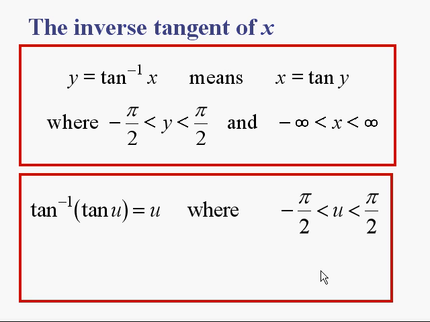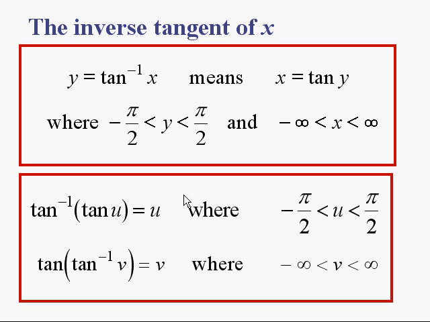And what makes it work is this general relation between a function and its inverse. Tangent inverse of tangent of u is u back, and tangent of tangent inverse of v is v back. The u that we're talking about here is an angle; we'd be taking tangent of an angle.